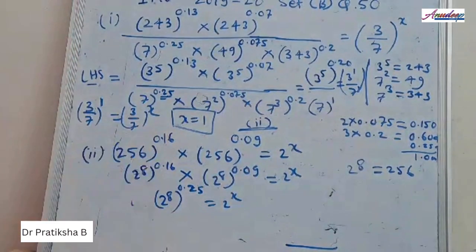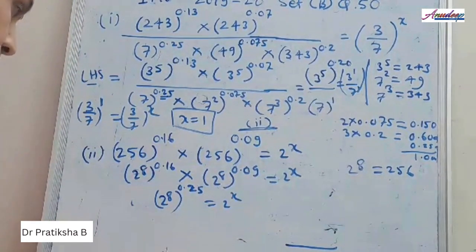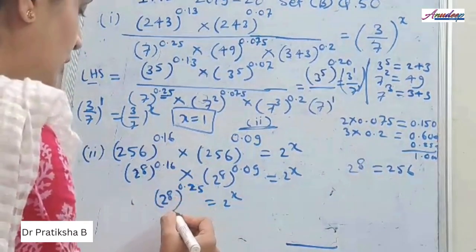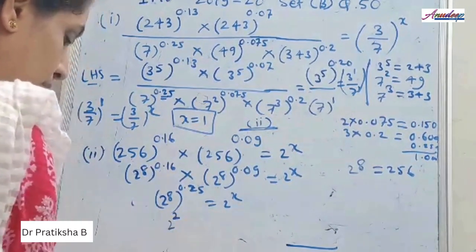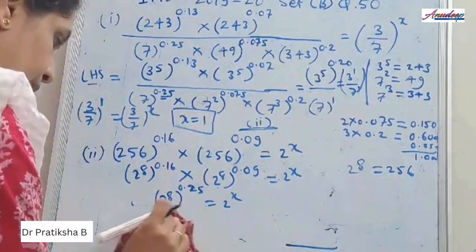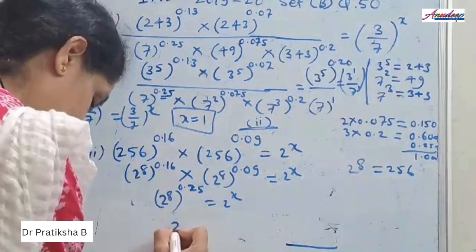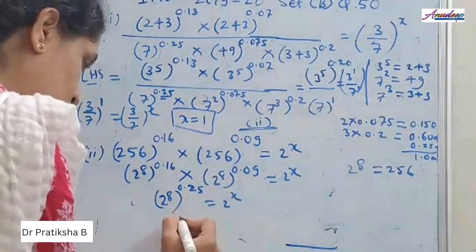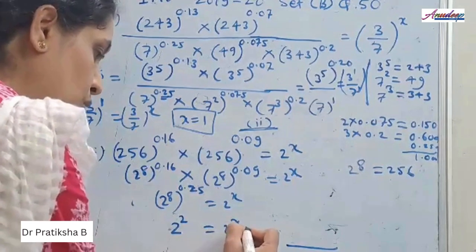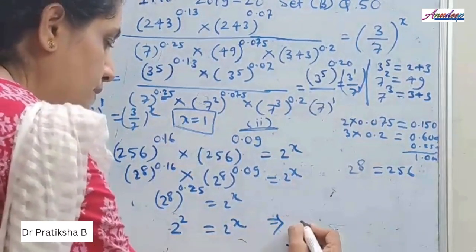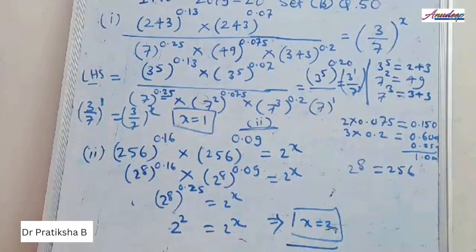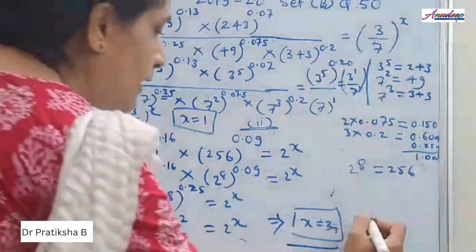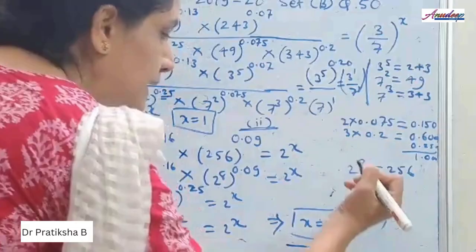So 8 into 0.25, the answer is 2. So 2 raised to 2 will be equal to 2 raised to x, which implies x is equal to 2. So the value of x is 2 and the answer that matches is question 3.